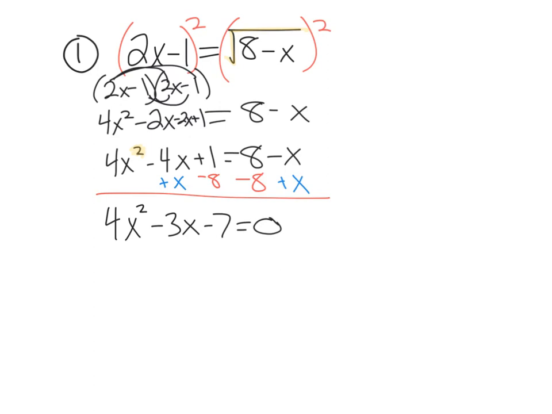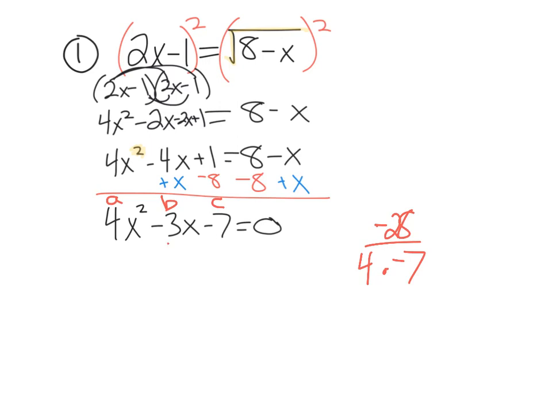So unfortunately I'm going to have to factor using a times c. My a is 4, my c is negative 7. So I need factors of negative 28 that add up to my b term, negative 3. If we multiply 4 and negative 7, we get negative 28.